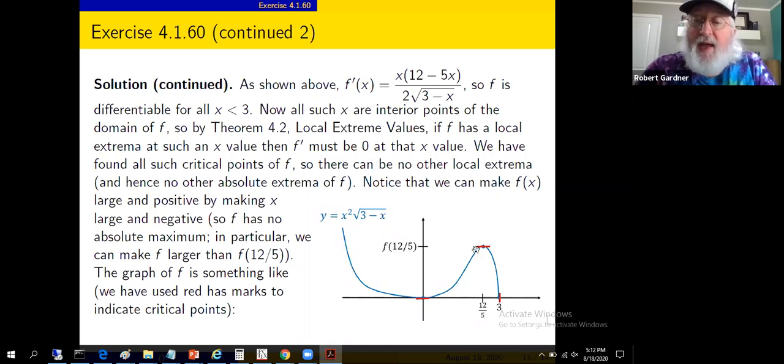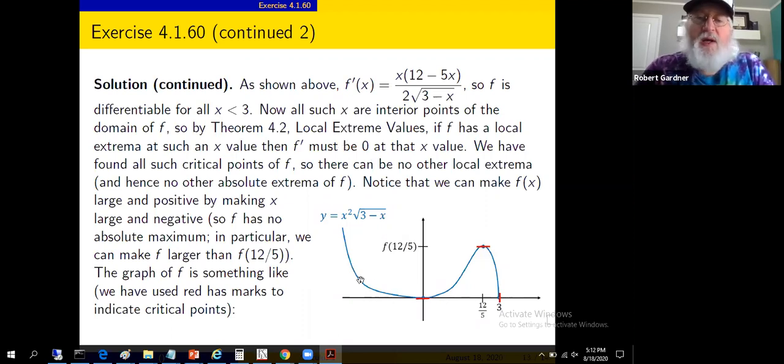So we've taken care of that. That's got to be the only local extrema. What I'm getting at is there are no other local extrema over here. If there was, there'd be critical points because this is a differentiable function for x strictly less than 3. If we had other extreme values, we'd have more critical points. We don't, you don't have other extreme values.